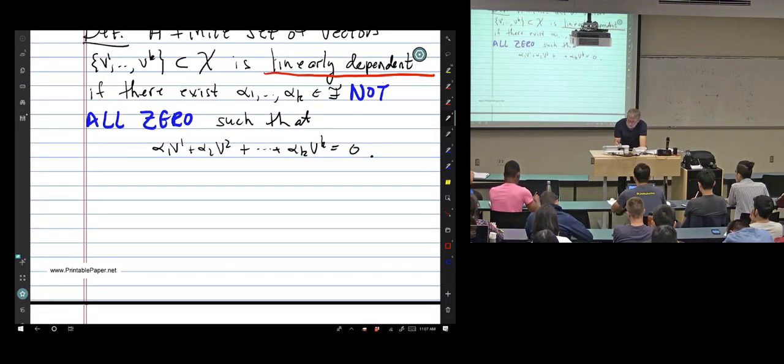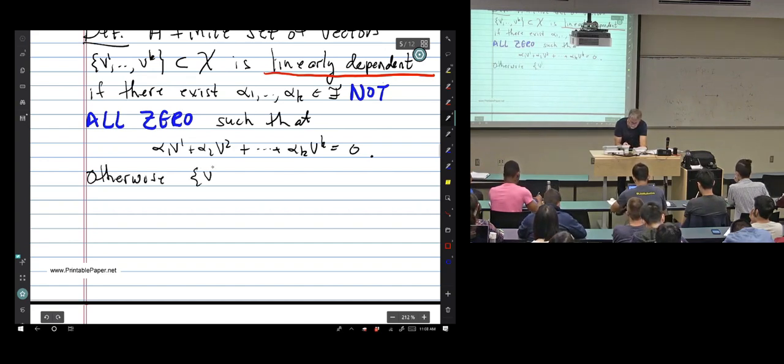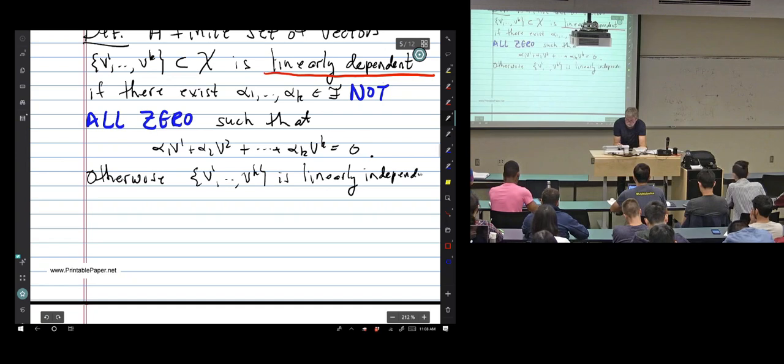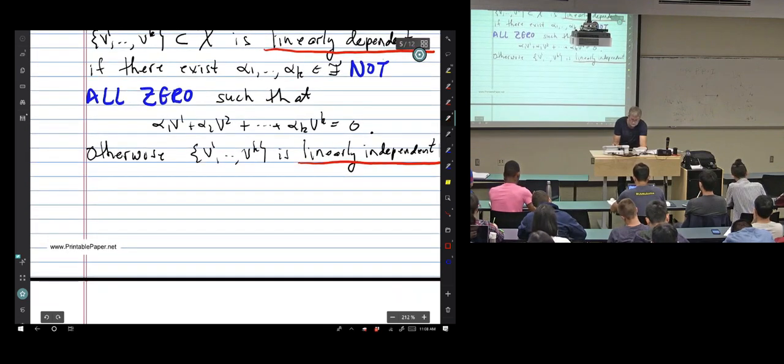Let me complete the definition. Otherwise, v1 to vk is linearly independent. Okay, and let's write out carefully what the otherwise means.